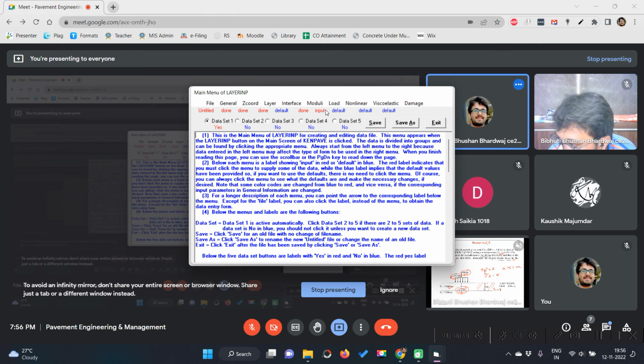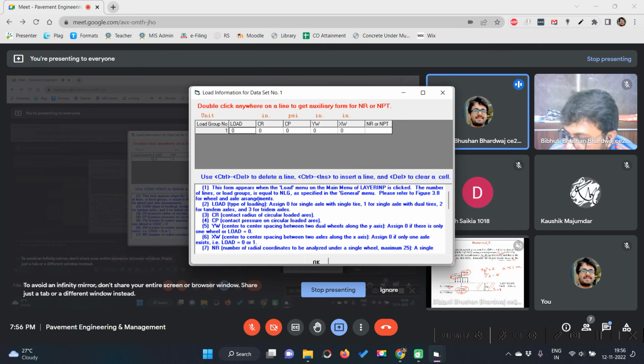Then load. So here you see load. You read these statements. Type of loading, assign 0 for single axle with single tire. So what shall I write here? 0 only, right? What was the second? CR. CR is contact radius. So how much contact radius shall I write? So the A into 2.